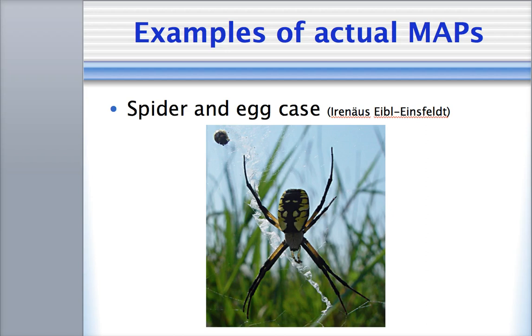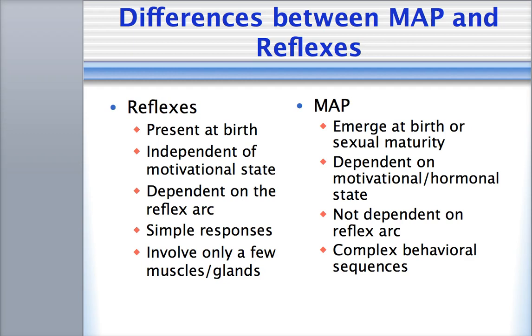But the fact that she couldn't adjust her behavior to accommodate not having a silk organ, I mean, why lay your eggs at all? But she went ahead and went through the whole process and laid her eggs in midair and lost her eggs. So very interesting studies that speak to the power of the rigidity of modal action patterns.